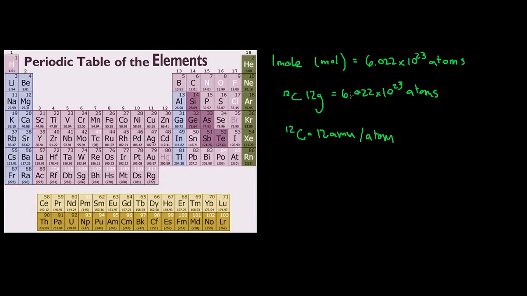Now what this allowed scientists to do is to link atomic mass units and grams, and essentially link atoms and grams by doing that. What they did, since 12 grams is equal to 6.022 times 10 to the 23rd atoms.